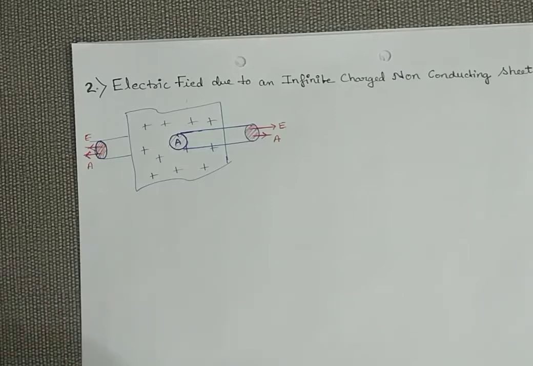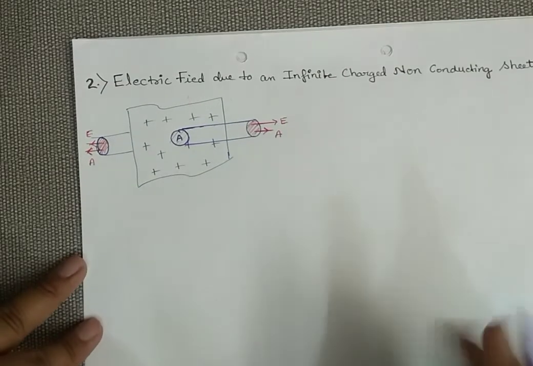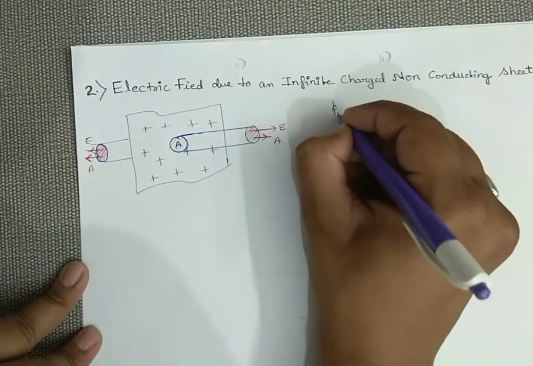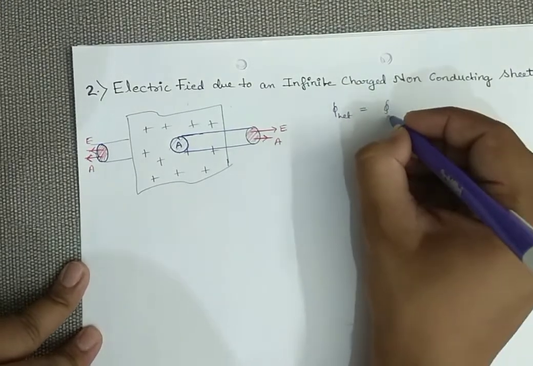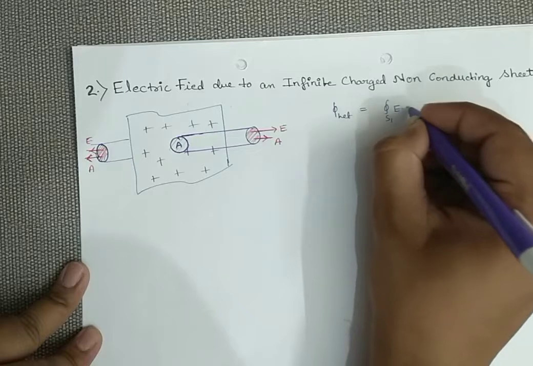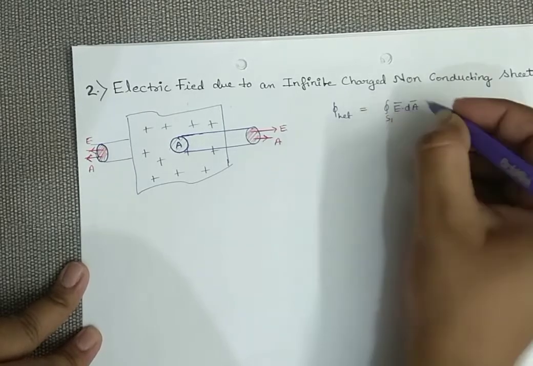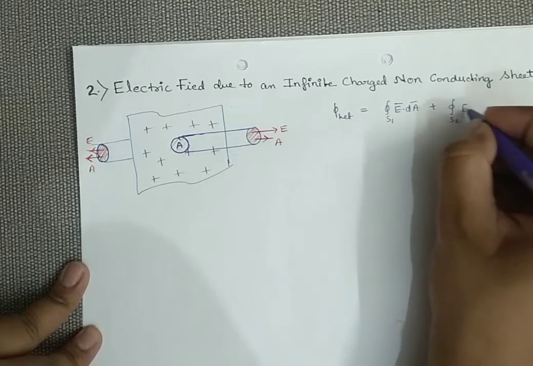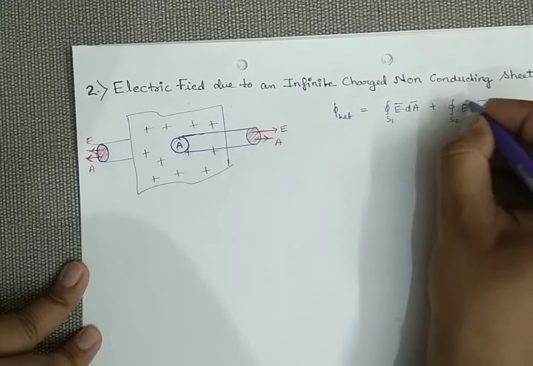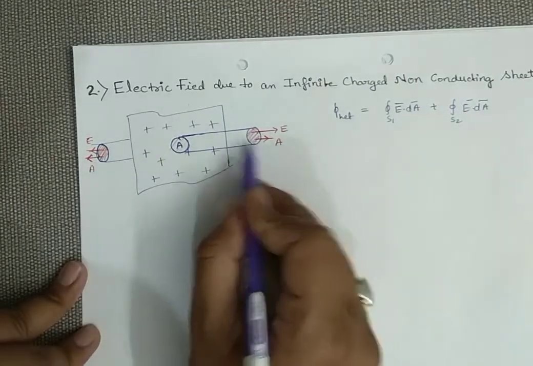So I have to take the flux. If we talk about the net flux, net flux will be integration over S1 of vector E dot dA plus integration over S2 of vector E dot dA. These are the surfaces S1 and S2.